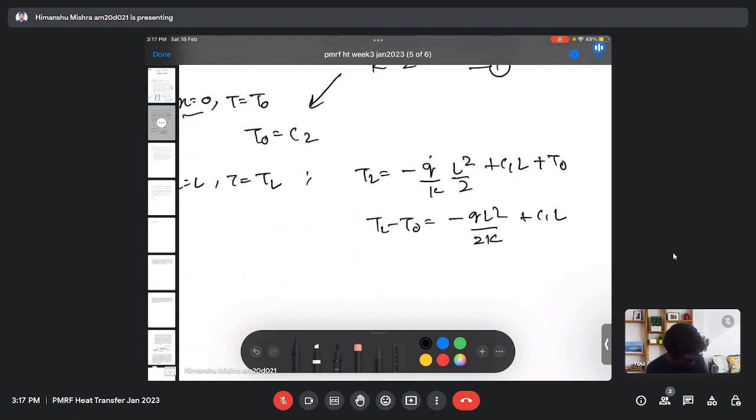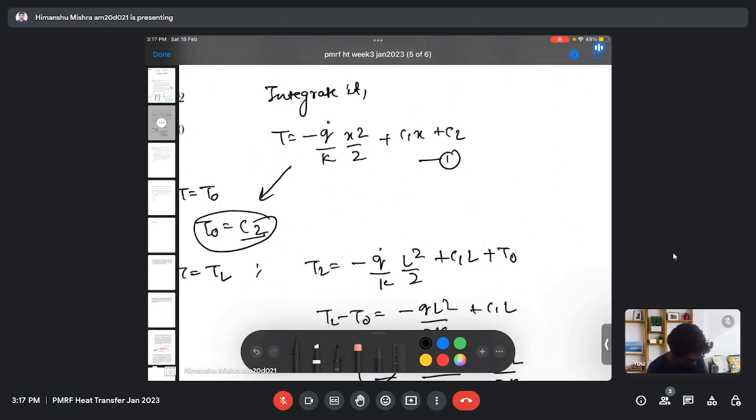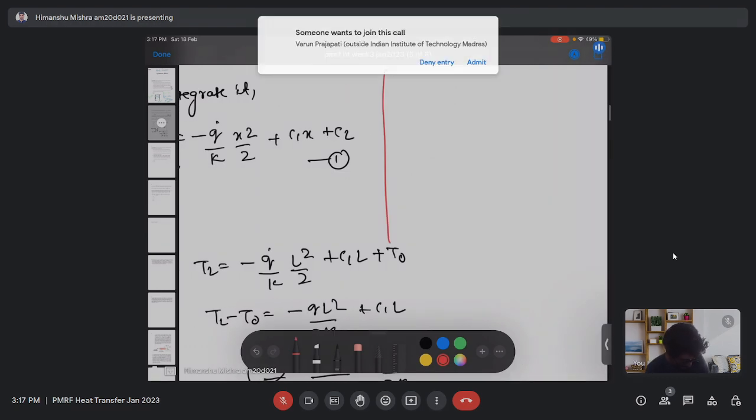When we solve this, we will get C1 equals this; this is my C1 and this is my C2. So I can plug them into equation 1, and we will get the temperature profile.